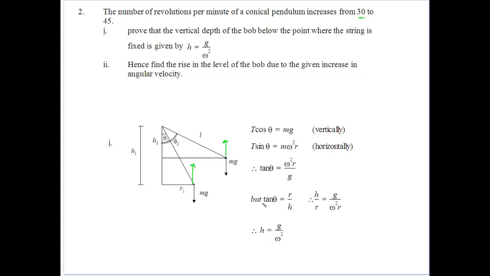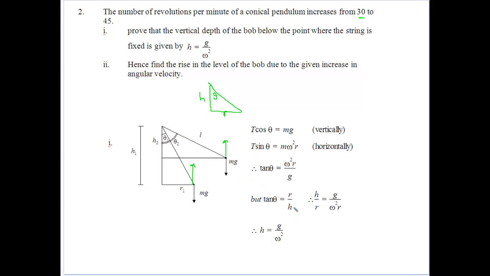We do know as well that from the triangle here, from either triangle, we've got the radius there, we've got the height of the bob, well, the circle above from the top there, and that would give us r on h.